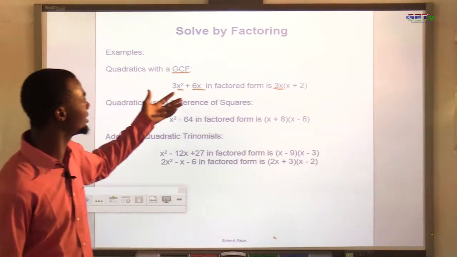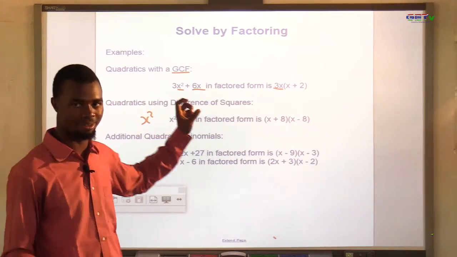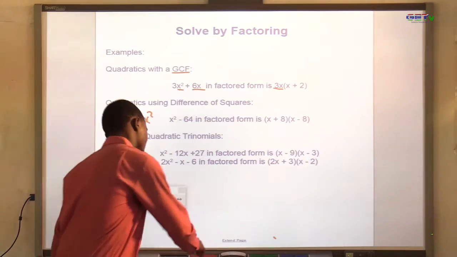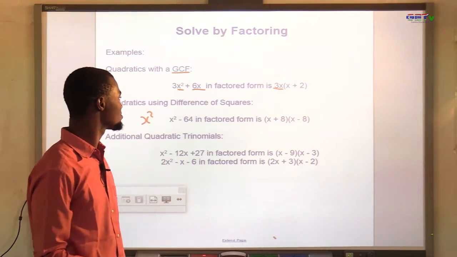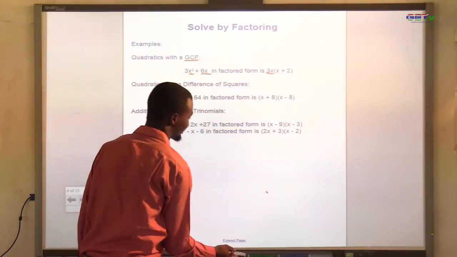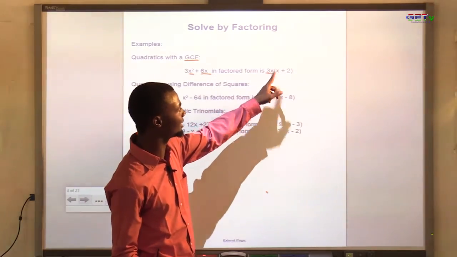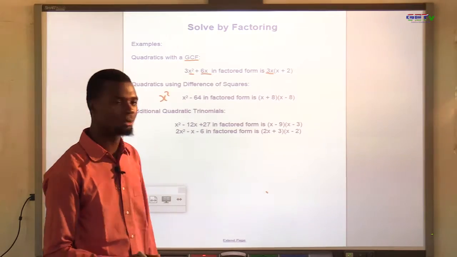Now we have solve by factoring quadratic equation with GCF or HCF, highest common factor. We have an expression there, 3x squared plus 6x. That is an expression. And they tell you in factored form it is 3x in bracket x plus 2.